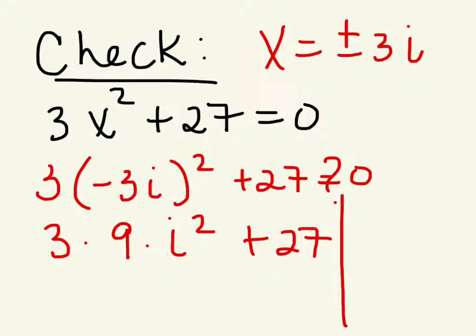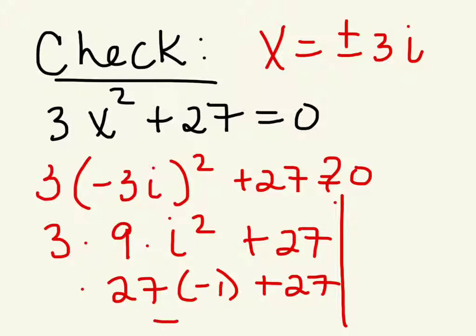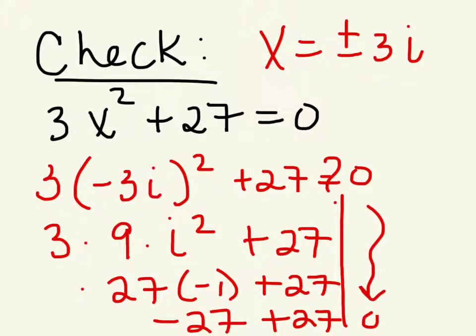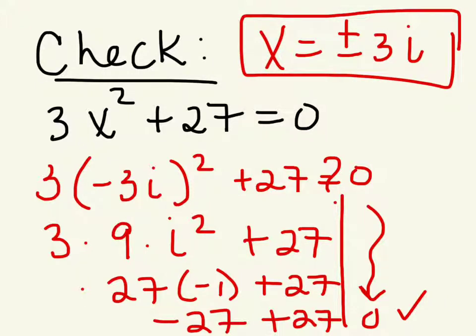So 3 times 9 is 27, and i squared is equal to negative 1. So negative 1 times the 27 is equal to negative 27 plus the 27, again, certainly equal to 0. Therefore, both positive and negative 3i are solutions to our statement 3x squared plus 27 equals 0.